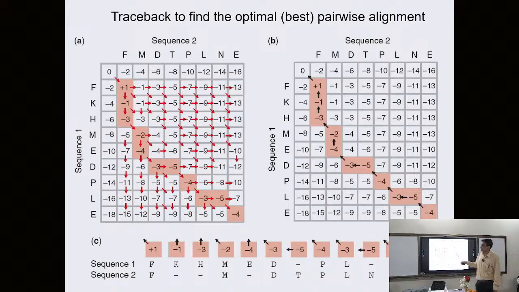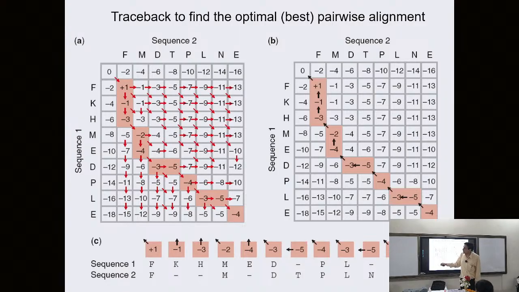So you got -4, and then you have to trace back. How did you get -4? Is it vertical move, horizontal move, or diagonal move? Diagonal, right? So diagonal means match or mismatch. So let's look at the residues E, E. Okay, so E aligned to E.